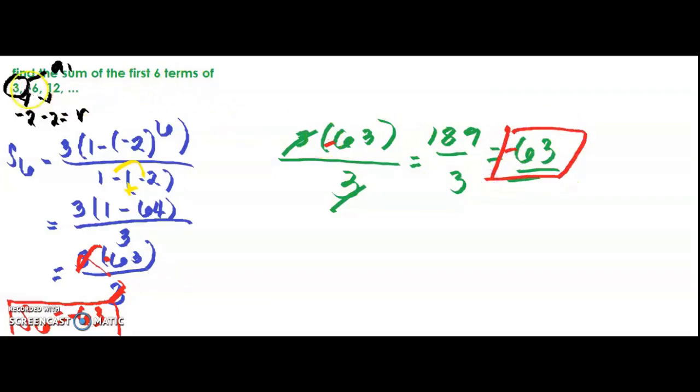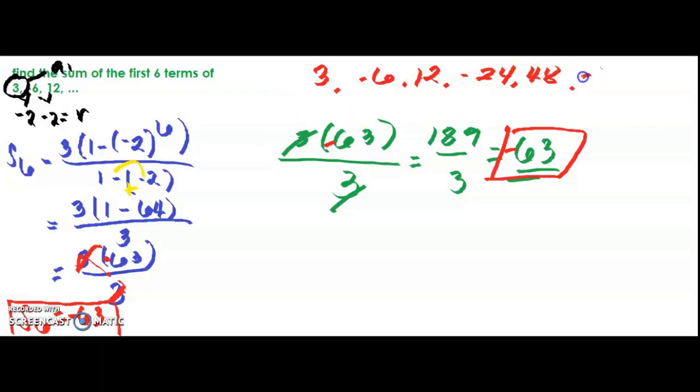So, if we add the 6 terms, with 3 as the first term, 3, negative 6, negative 12 times negative 2, that is negative 24, times negative 2, that is 48, right?